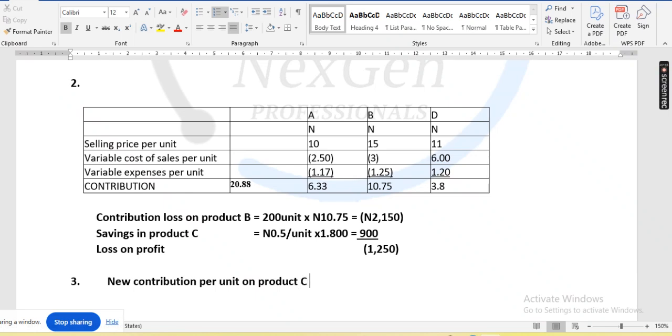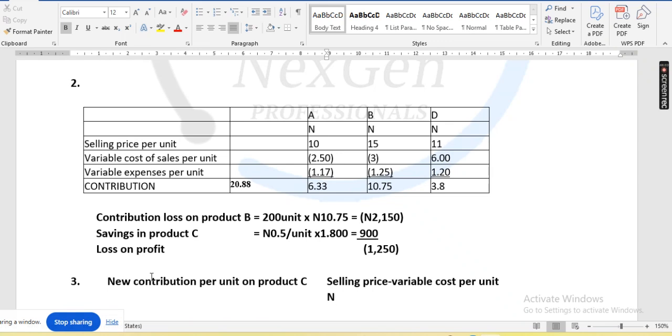So let me bring it out so that you get it. Your selling price minus the variable cost per unit will give the new contribution.